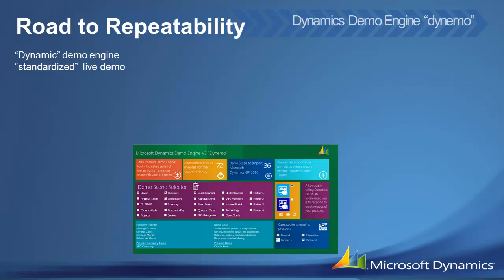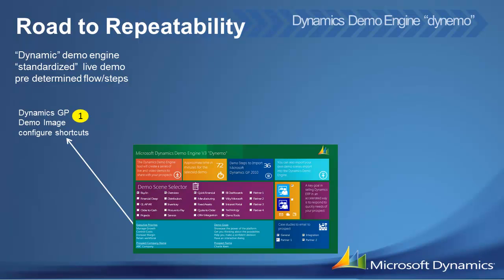What we want to do is get to a standardized live demo with scripted steps. So it's predetermined, it's in the tool, it's broken down into smaller components, 5 to 10, 15 steps that we can dynamically assemble. We push that automatically into the GP image, the live image, and that becomes our pre-sales workbench.